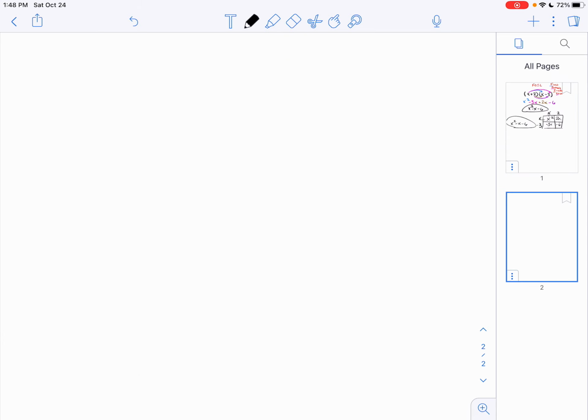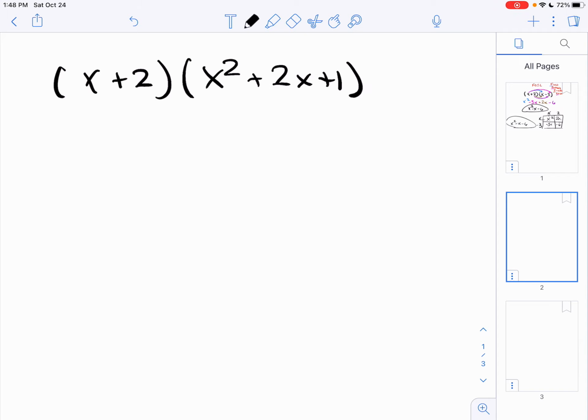So if you have to multiply something like this, x plus 2 and x squared plus 2x plus 1, this is a binomial multiplied by a trinomial. There's no acronym to do anything like this. So the easiest way, in my opinion, to do something like this is to use the tabular method.